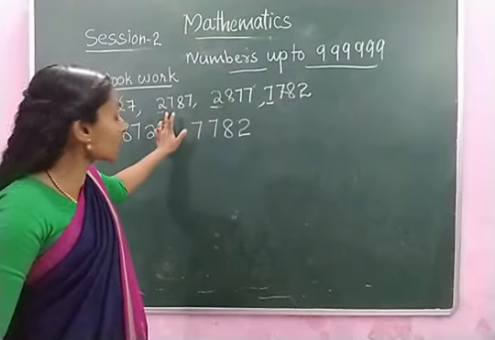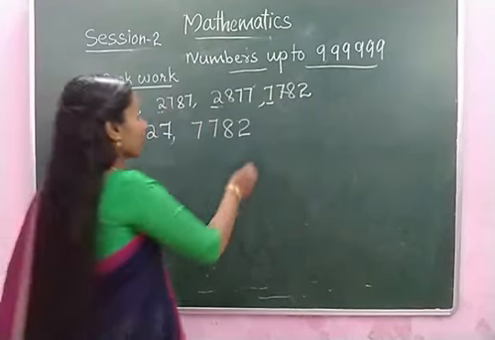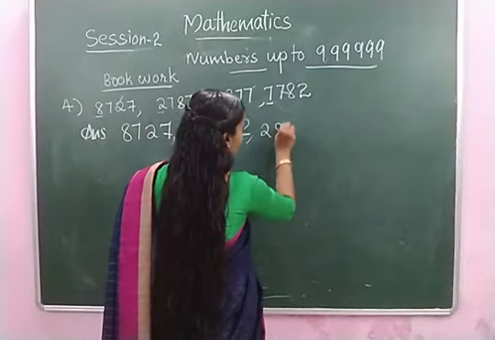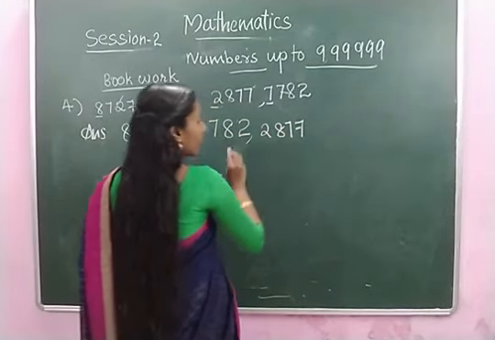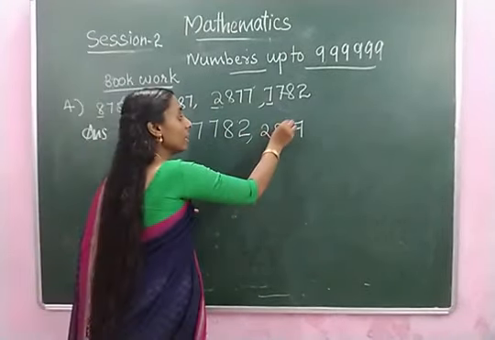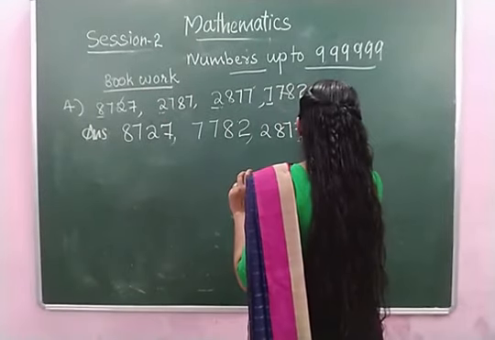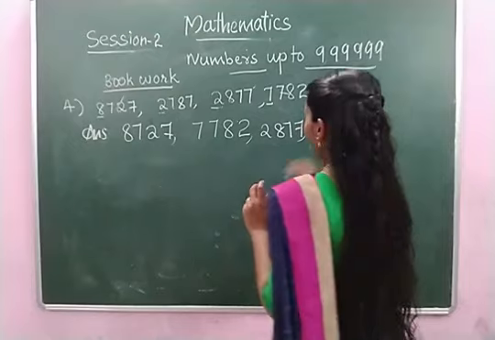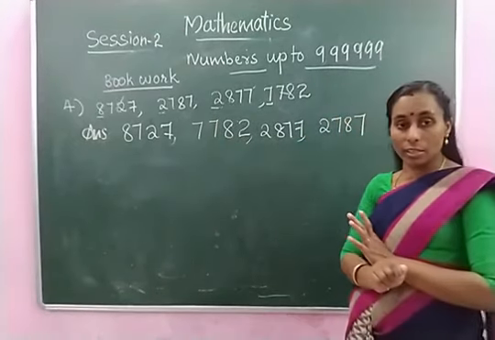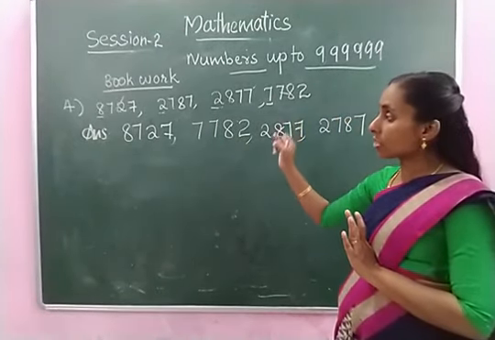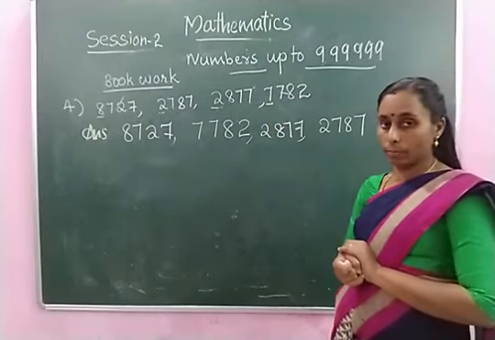So 800 is greater than 700. We can write here 2877. Next one, 2787. This is the descending order of this group.